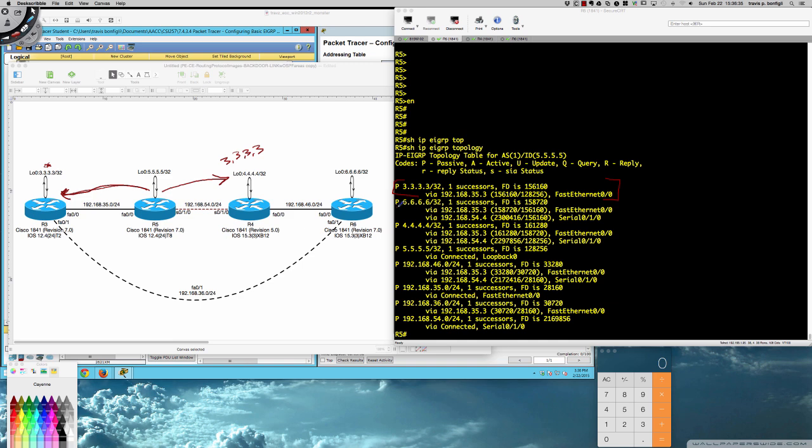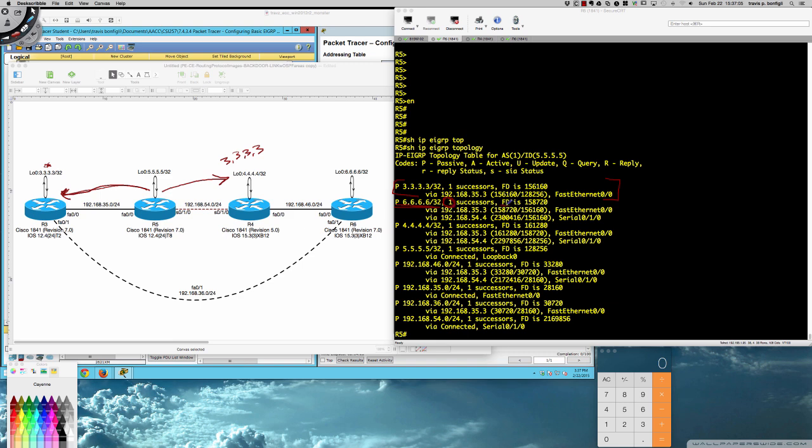If we look down here to the route to get to 6.6.6.6, we have one successor, and what that means is we have one route that was successful over all of the other routes. He had a lower cost than all of the other routes, and he has been chosen as the single successor.